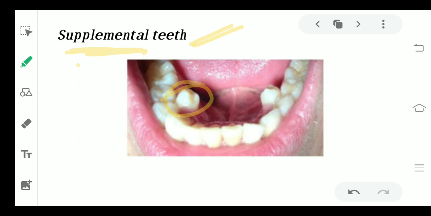Commonly when we see supplemental teeth, they are located on both sides, on the right side of the arch and on the left side of the arch. They are duplicated on both sides. Now the most common tooth which can be duplicated or termed a supplemental tooth is your lateral incisor. Lateral incisors are the ones which are more commonly found to be duplicated than any other tooth structure.